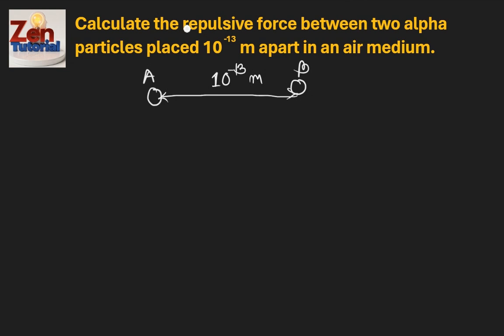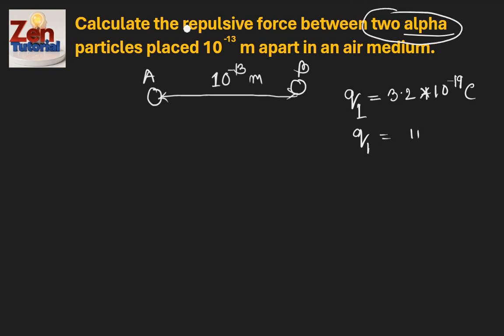The very important thing is the charge of the alpha particle. Let's consider 3.2 into 10 to the power minus 19. Of course this will be given in the question. So Q1 and Q2 will be the same because both are alpha particles.